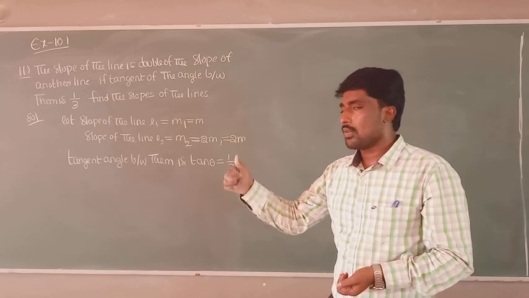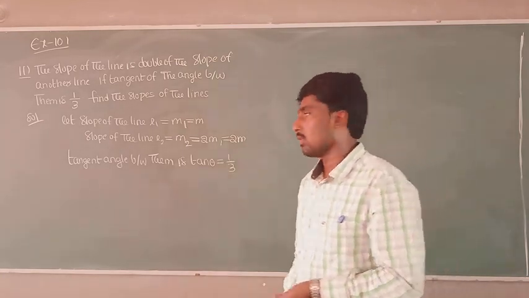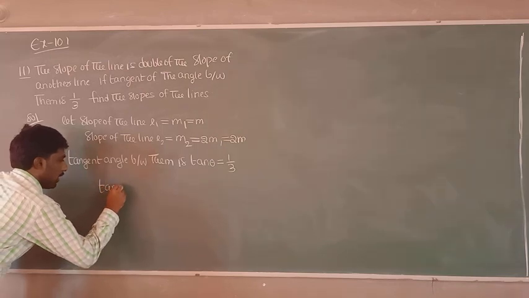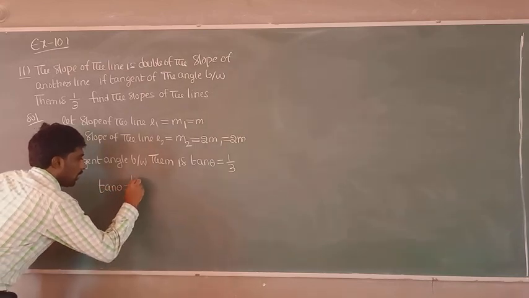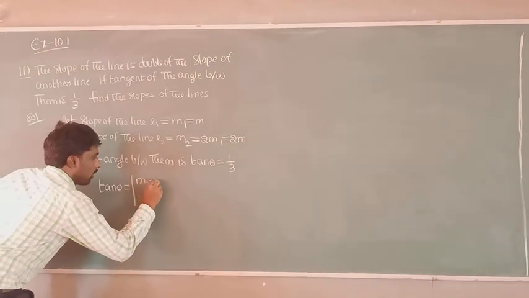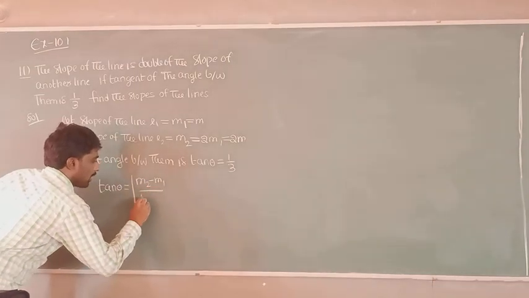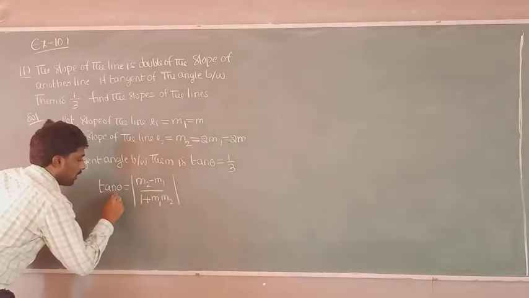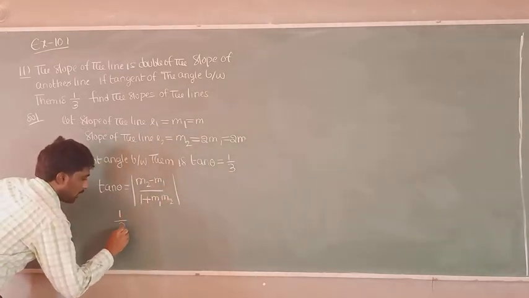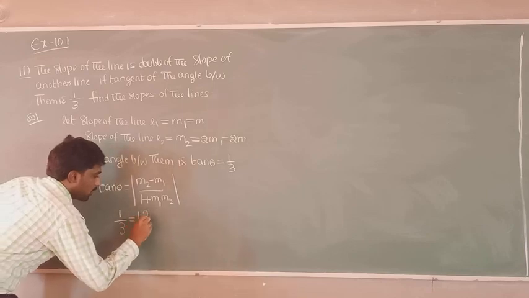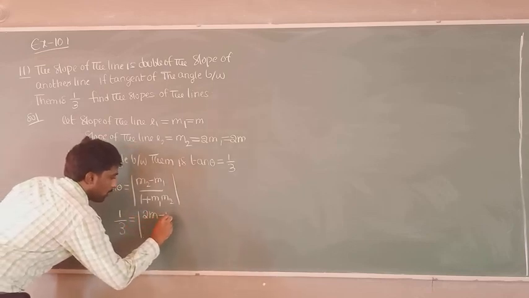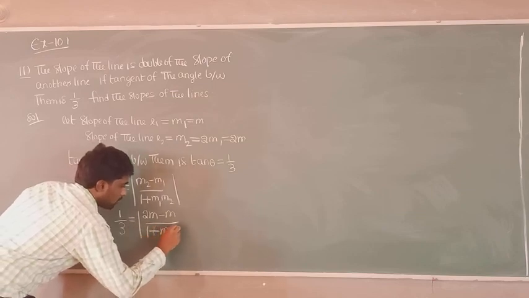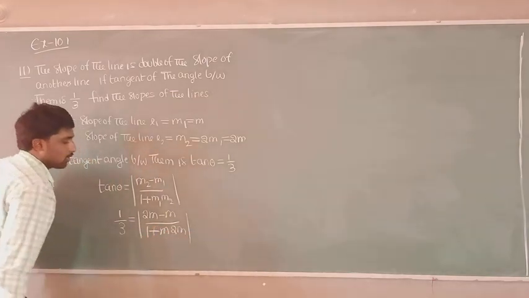By using that formula we have to solve this problem. In place of tan theta I will substitute 1/3, in place of m2 I will substitute 2m, and in place of m1 I will substitute m, giving 1 plus m into 2m.